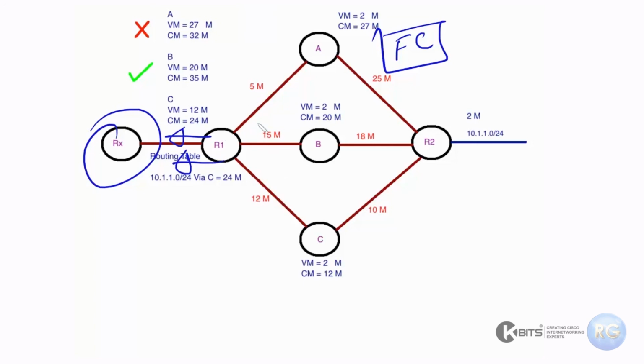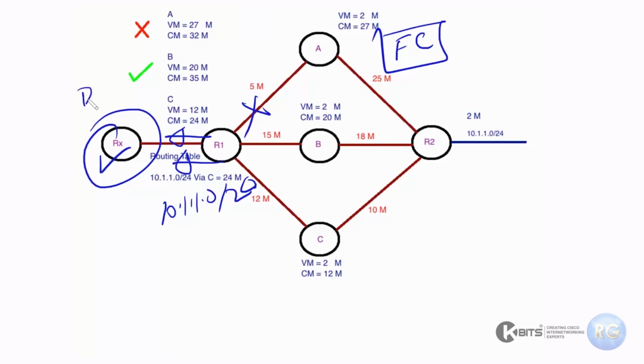So if R1 loses an EIGRP route, let's say it had lost that 10.1, would he happen to have it? No.